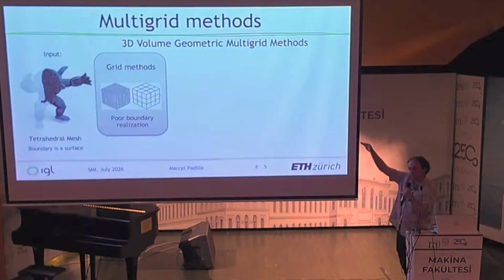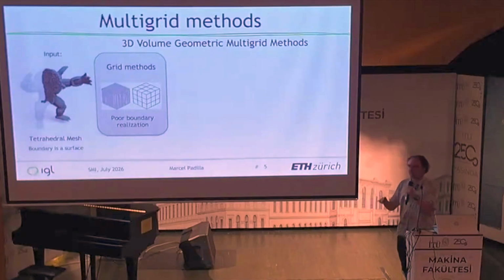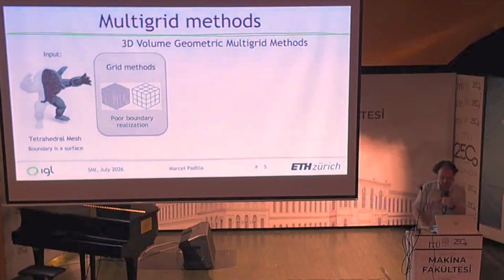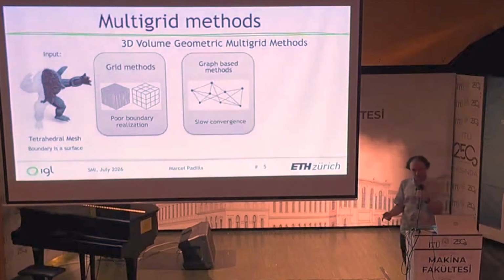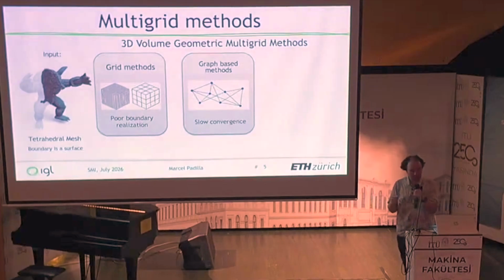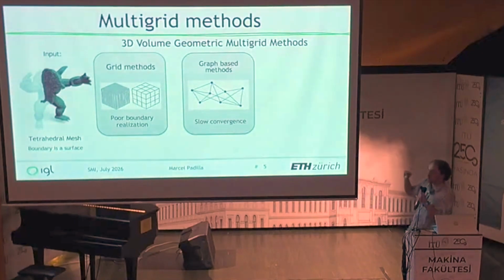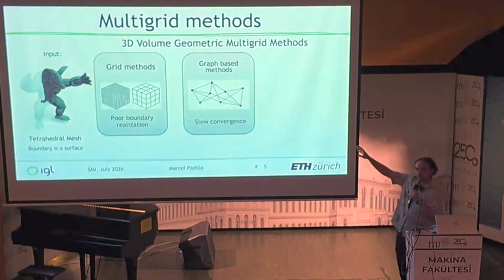On your high resolution, you can use a lot of cubes to represent your curved surface, but then you go lower and lower, and at the bottom, you still want a good representation. And this is not going to fit well with cubes. Next are graph-based methods. They use the connectivity of the mesh, and they're already much better, and our closest related work is a graph-based method that we're going to work with. But generally, as we will show, they converge slower.